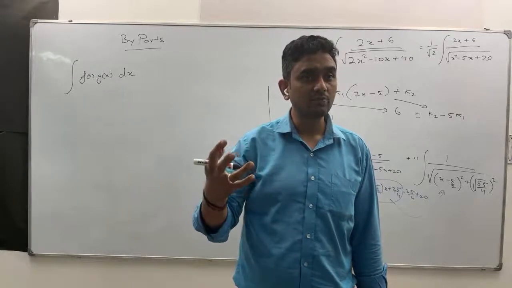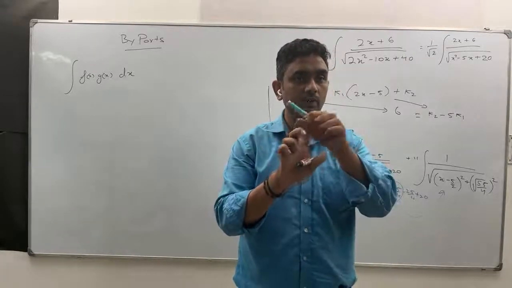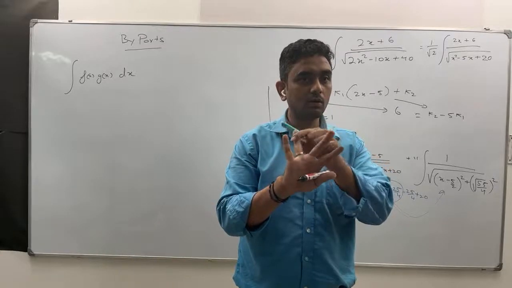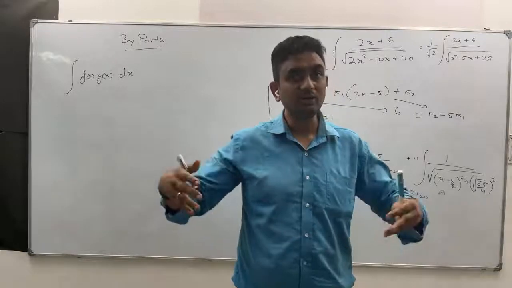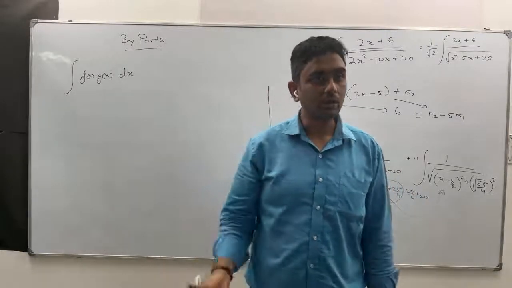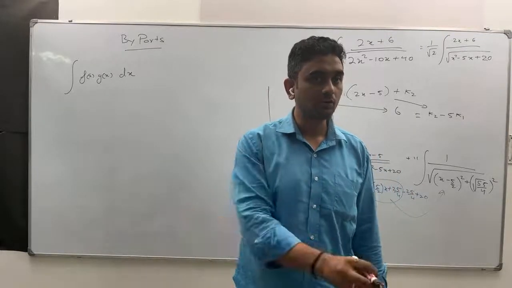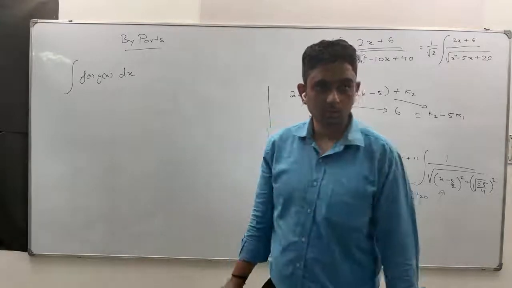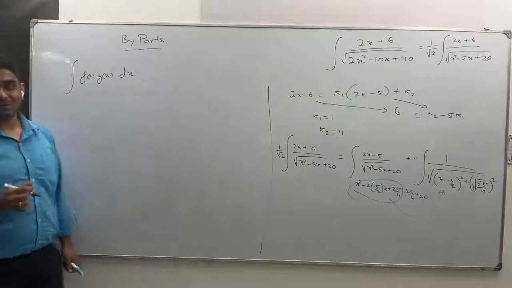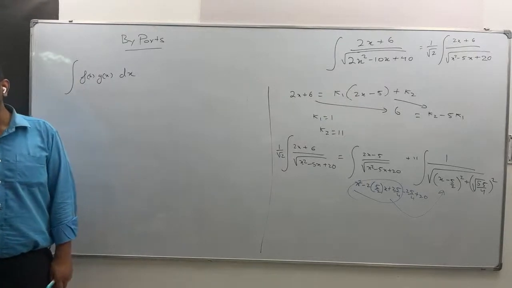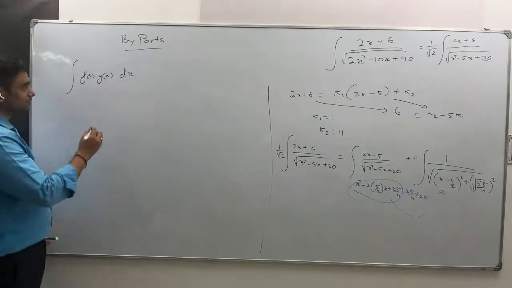Now, what are different types of function? You have algebraic, trigonometric, logarithmic, exponential, and inverse. They are all different types. All algebraic is one type, all trigonometric is one type, like that. Now, according to the formula of by parts, does any one of you remember the formula? Okay, I'll write the formula.